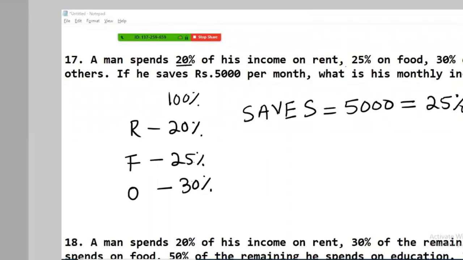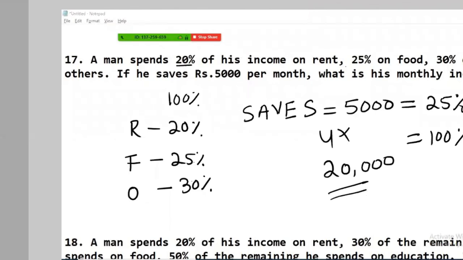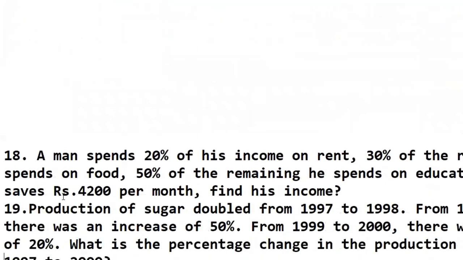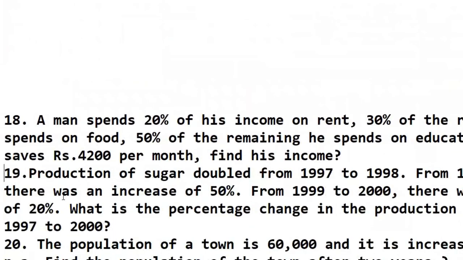If 25% is 5,000, then 100% is 4 times that: 4 fives are 20, so the total monthly income of that person is 20,000. Okay, let's go to the next question.